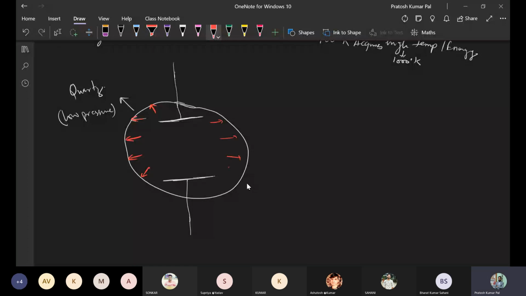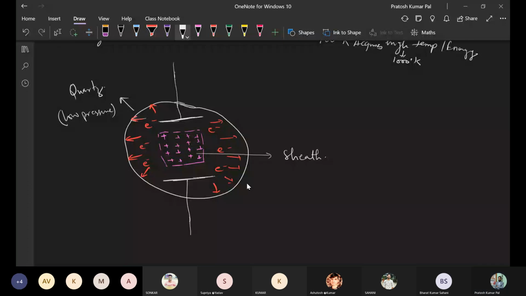Okay, so the accumulation of these ions is basically called the sheath.